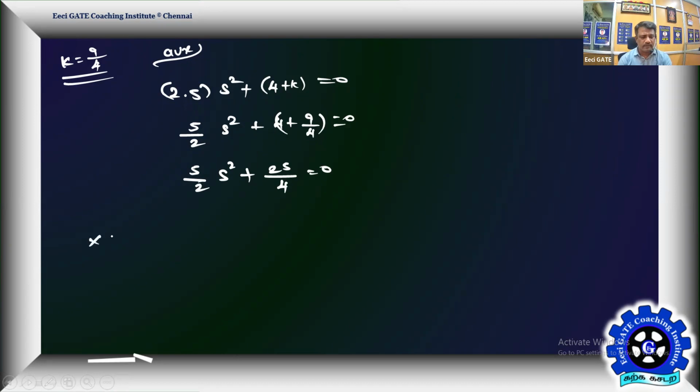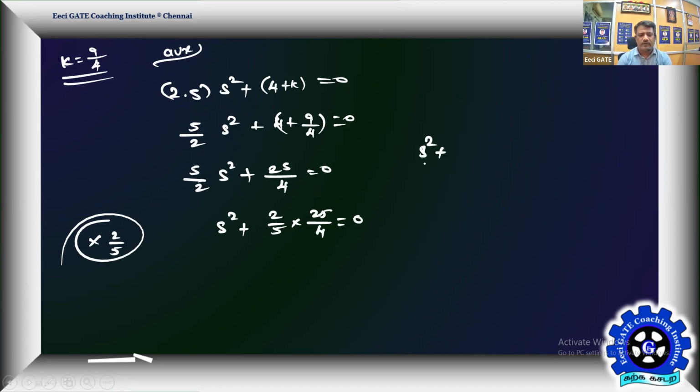Then multiply by 2 by 5. If you multiply by 2 by 5, this is going to become a square, and then it is 2 by 5 into 25 by 4 equal to 0. As a result, a square plus 2.5 equal to 0. So this is one root.